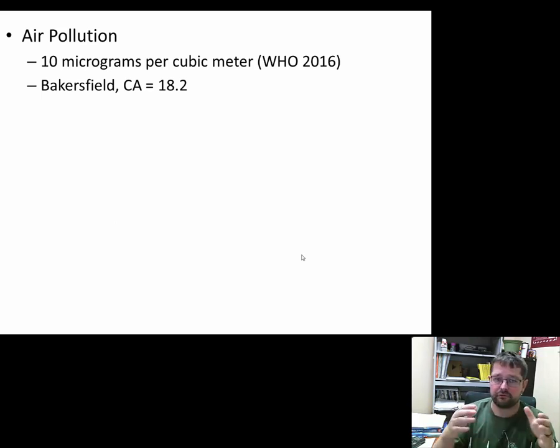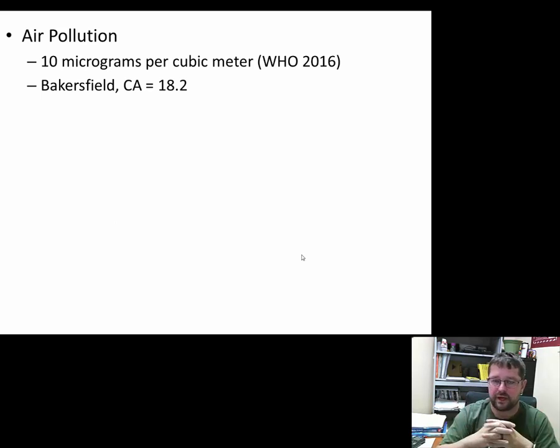Bakersfield, California is at 18.2. So under the World Health Organization, this is their average, Bakersfield's average. Now some days it's way under 10, some days it might be much over 18, but they would suggest that you do not travel outside of your house when anything becomes over 10 micrograms per cubic meter.